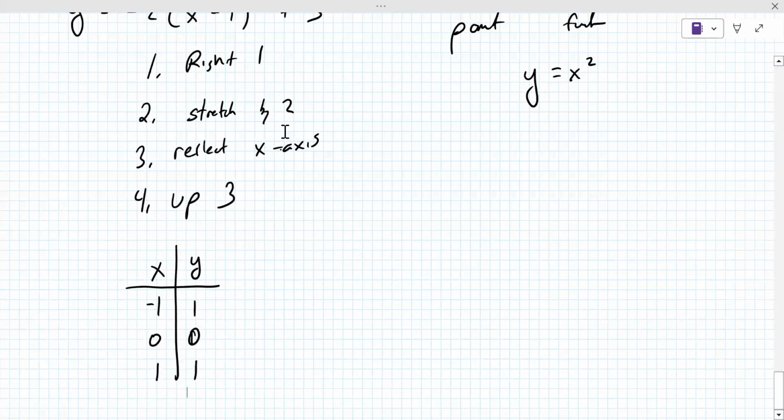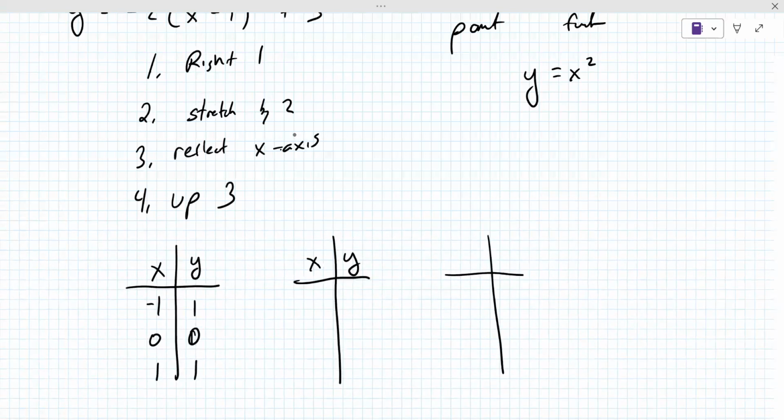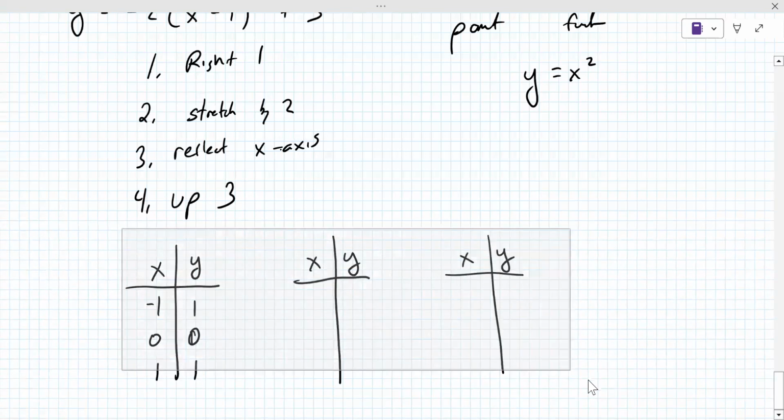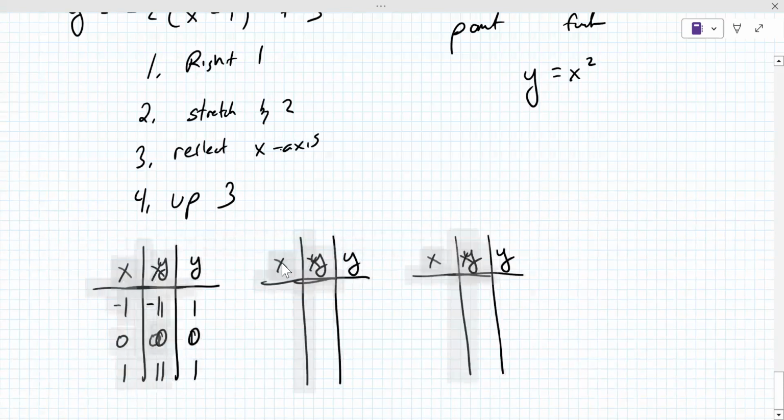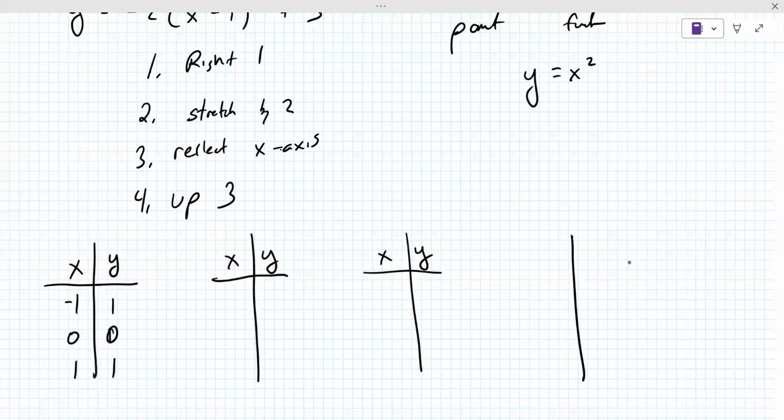Can you transform? You can either do it all in one sitting or do them in pieces here. I'm interested in the last 3 ordered pairs. All right. I'll do it in pieces.